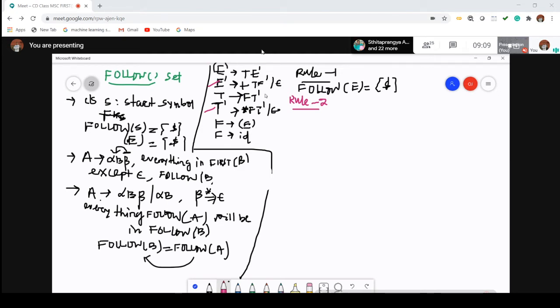So let us consider the first one, E to T E dash. Why did I choose this one? E does not contain an epsilon production, hence I have chosen this one. Let us apply rule number 2. It is in the form A to alpha B beta, where this value equals A, alpha equals epsilon, this value equals B, and this value equals beta.